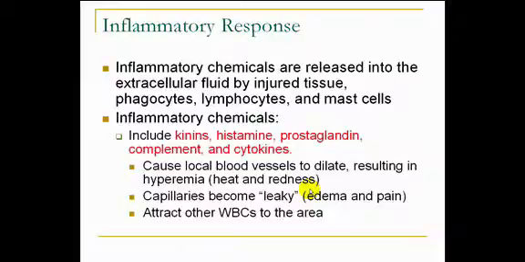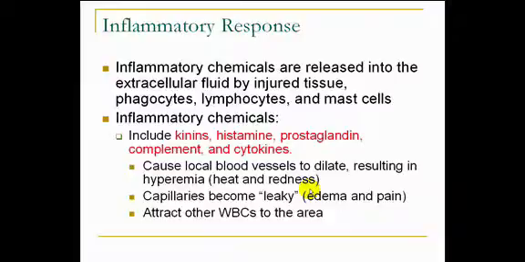We know that prostaglandins are released by damaged tissue. Complement are proteins that are already in the body that get activated, and we'll talk about them. And then cytokines. Cytokine is a very general term for a chemical that's released by cells.